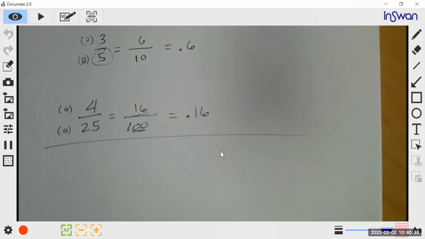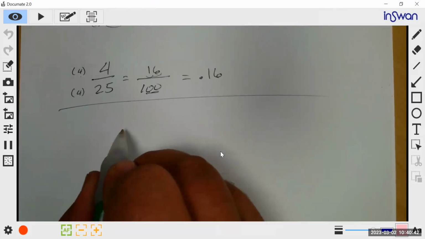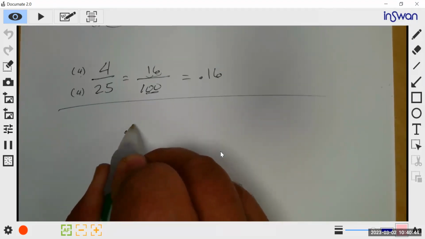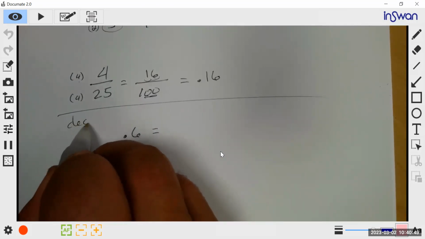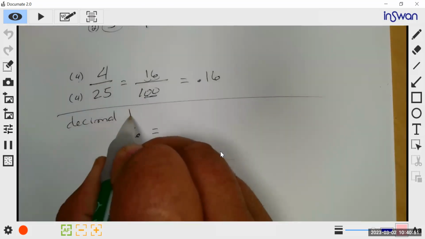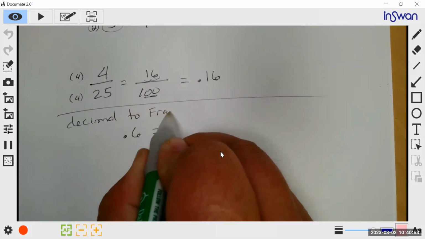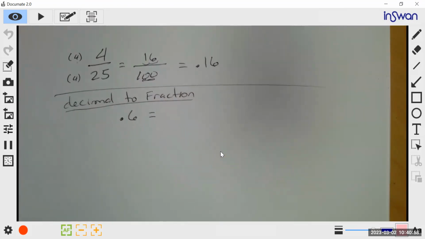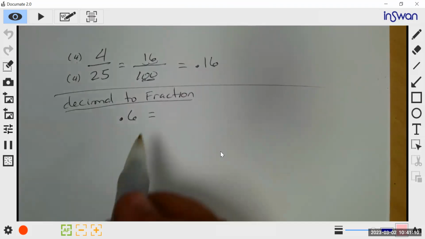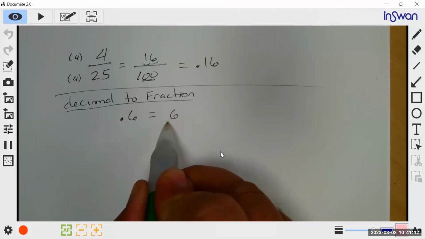Let's go backwards. If I gave you 0.6, so I'm going from decimal to fraction. If I give you 0.6, what is that in a fraction world? Well, we have a 6.